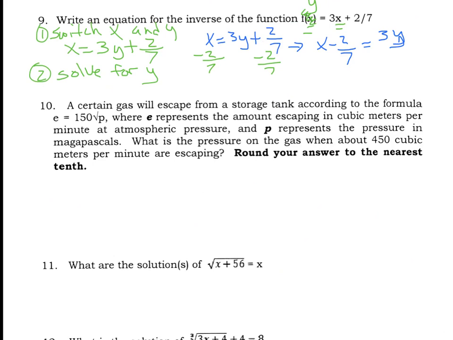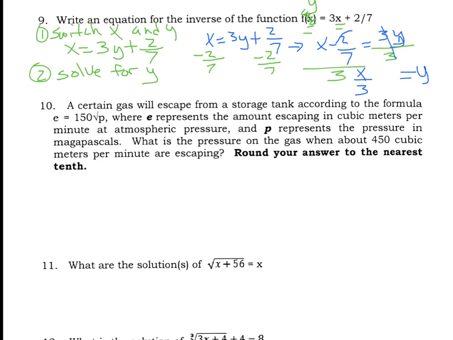I just need to divide by 3. So I'm going to divide each of these things by 3. Once I do that, I'll have y equals, and when I divide the x by 3, that's just x over 3, or 1/3 x.